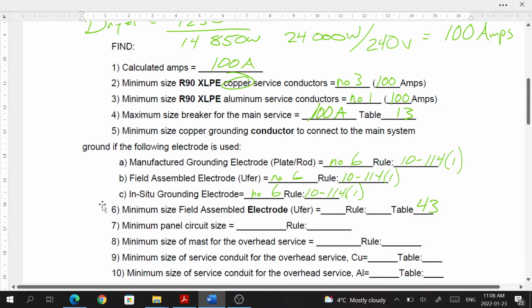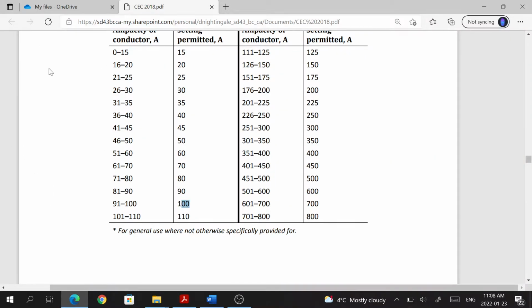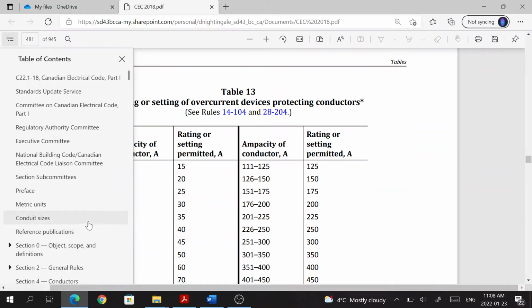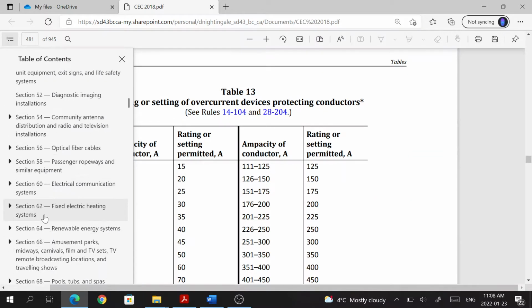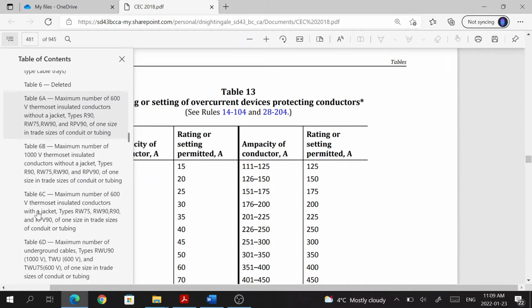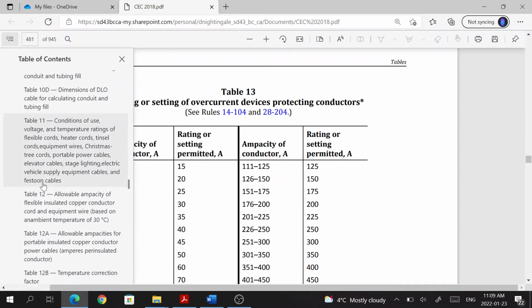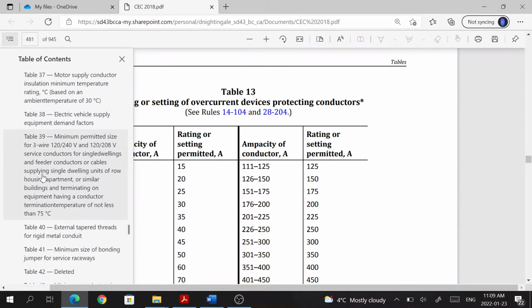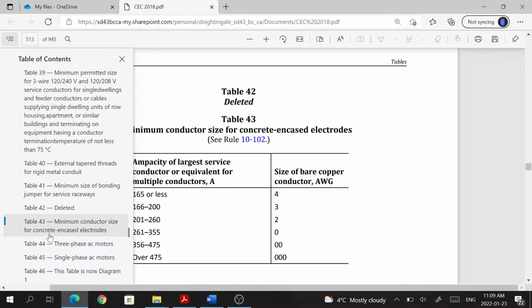So if we go to Table 43, let's see here. Minimum conductor size for concrete encased electrodes, that's going to be, again, our UFER.